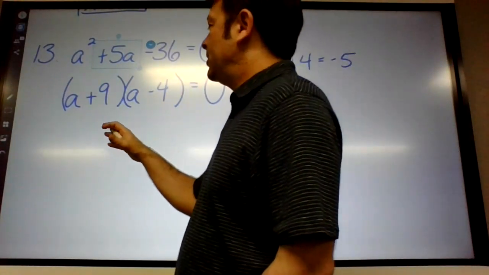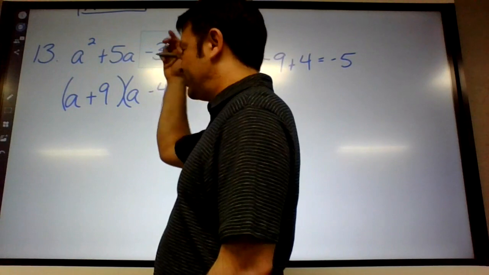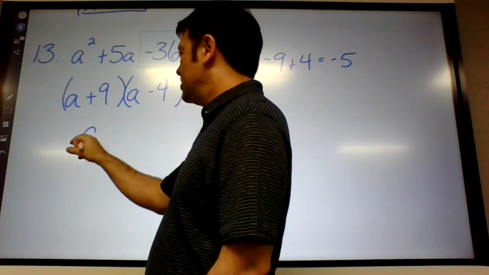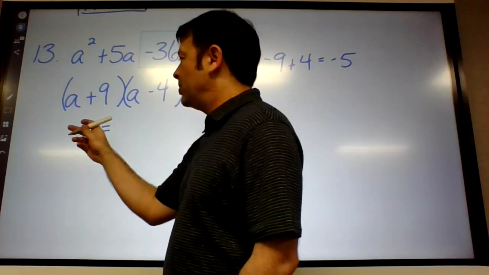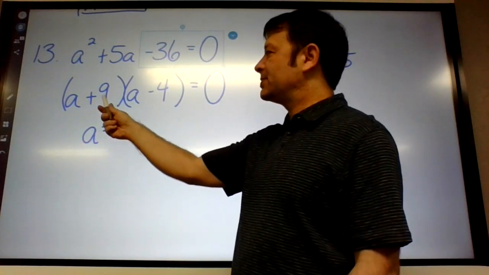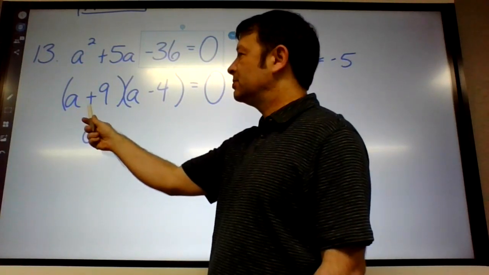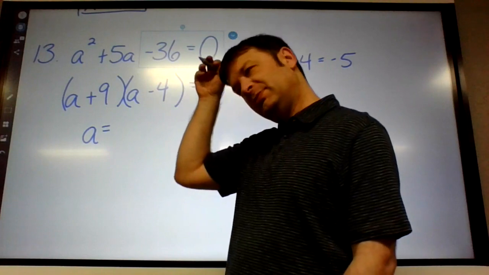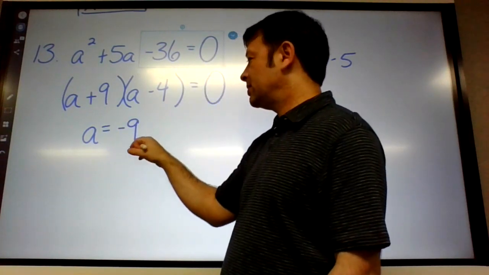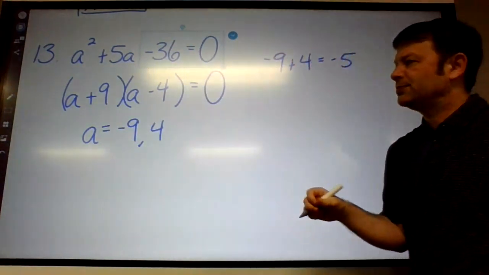If you don't remember what goes into these numbers, you just have to use your calculator to figure it out. So, what A values would make this 0? Or this one 0? Negative 9, positive 4.